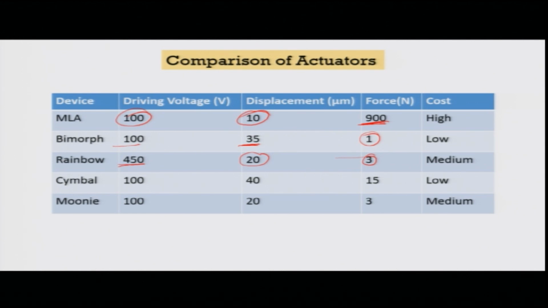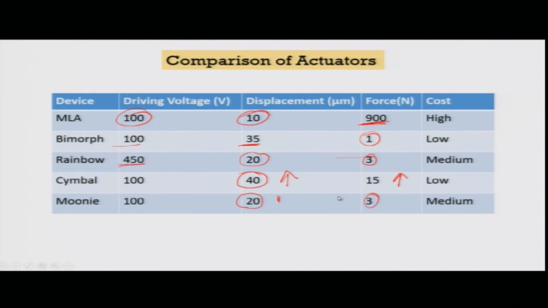Cymbal, with the same driving voltage, you get 40 millimeter, so you get a much higher deflection, and force is also high. Moonie, you get a little lower deflection, which in comparison to the multi-layer is still more, but the force is also not very high.